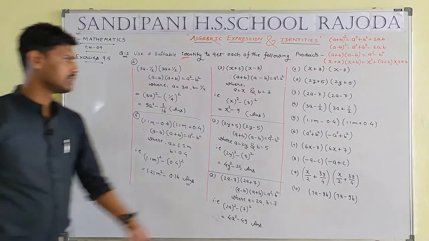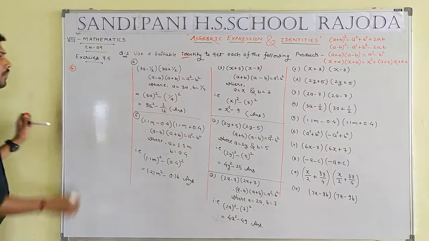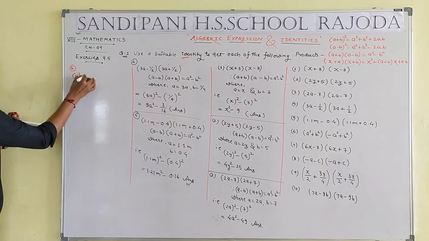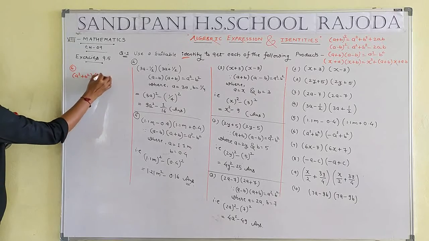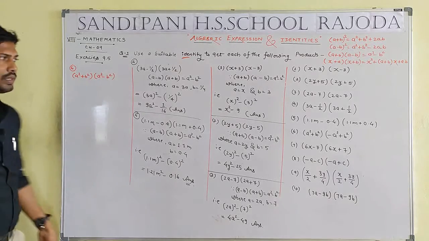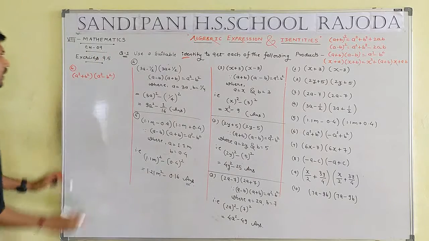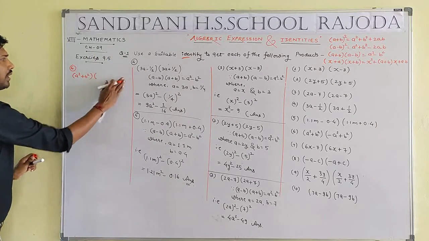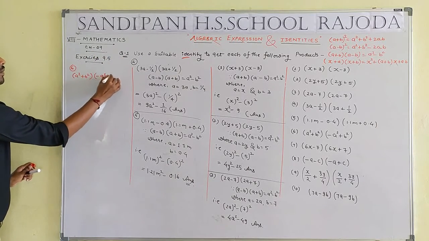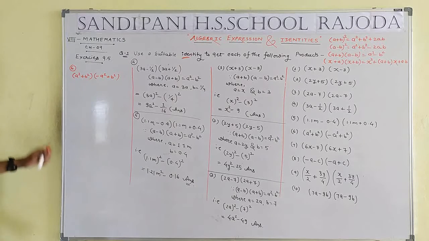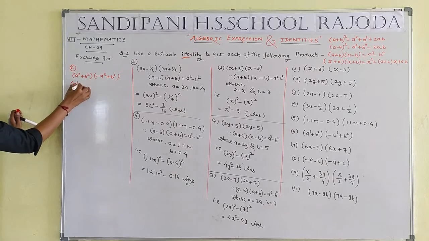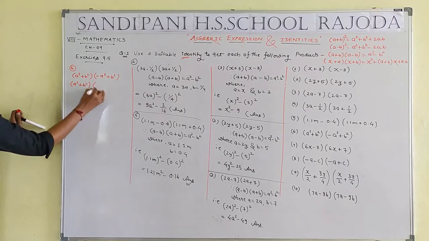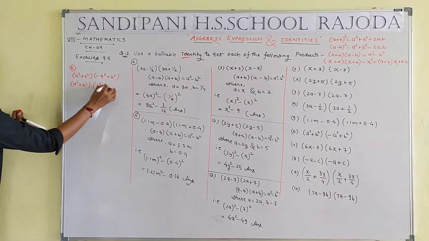The demand of question number 6: a square plus b square into a square minus b square. Okay student, sorry, a square plus b square minus a square plus b square. Now we arrange the question, positive then negative.